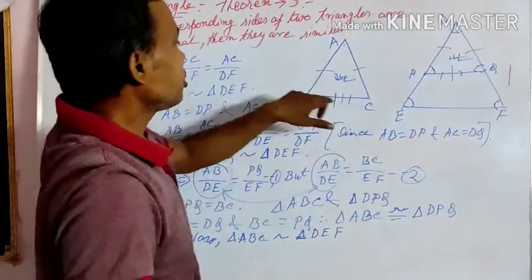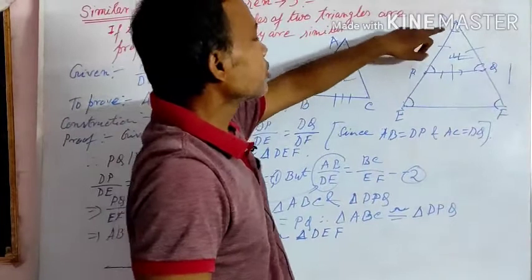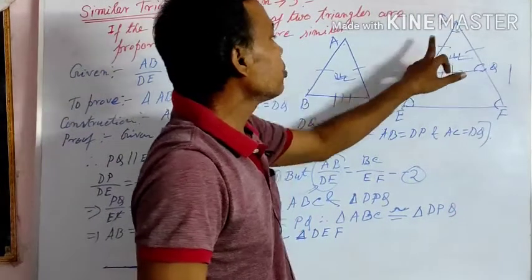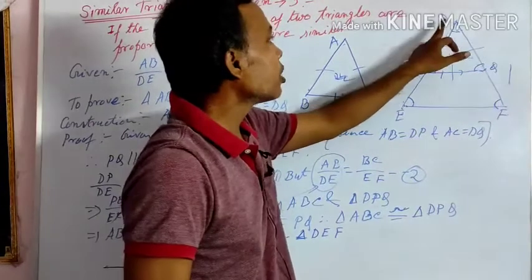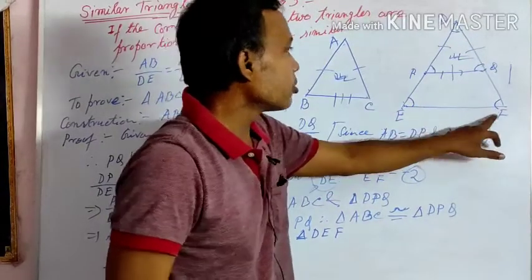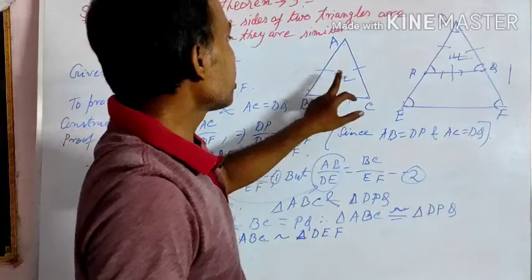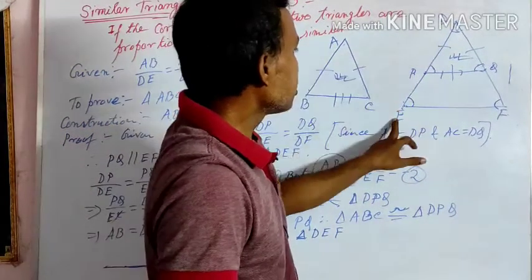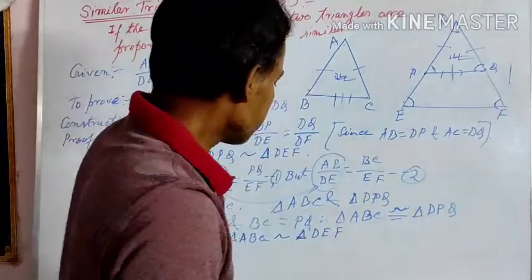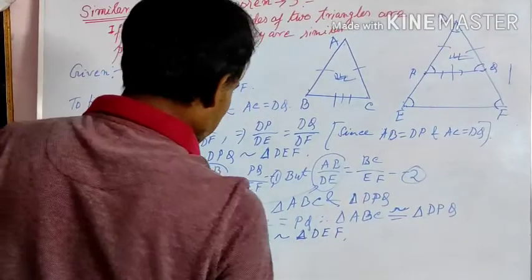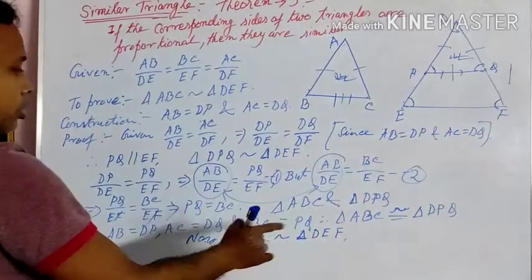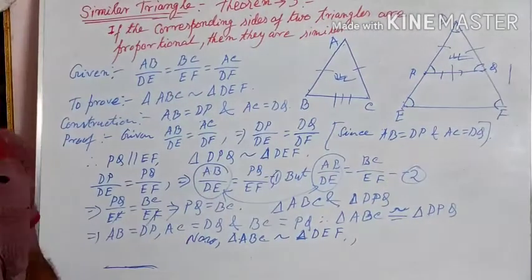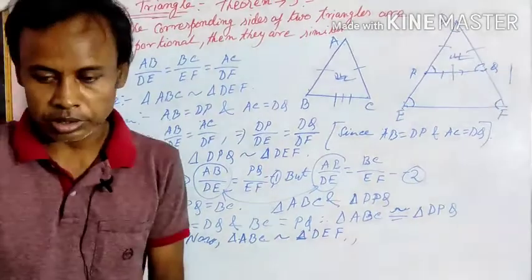Here triangle ABC is congruent to DPQ. Again, DPQ is similar to DEF. Therefore, we can tell that ABC is similar to DEF. Okay, so in this way you can prove this. This is your theorem 3.